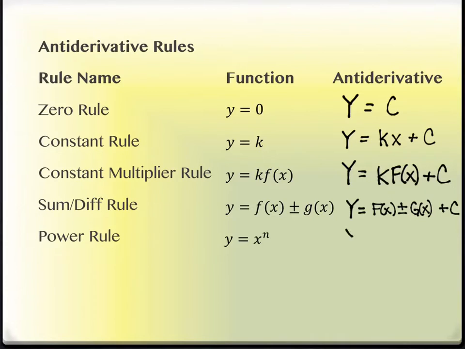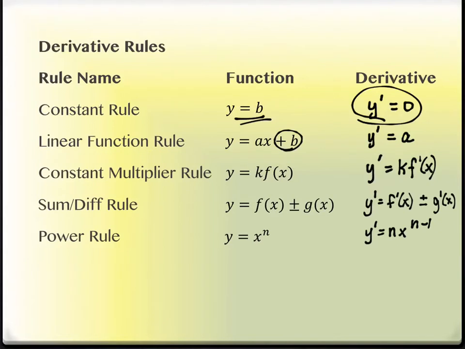The next one, this one's the most interesting to go backwards. Okay, so let's think about what we did with the power rule. With the power rule, the exponent became the coefficient, right? And then we decreased the exponent by 1, okay? Now, becoming the coefficient means I'm multiplying by that n, right?